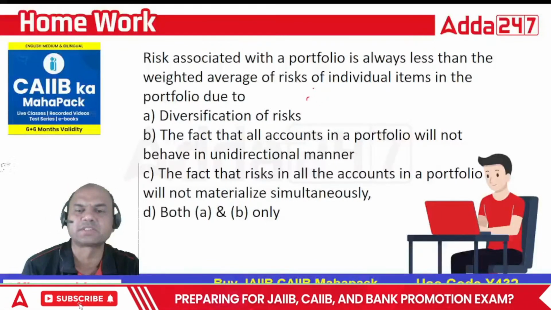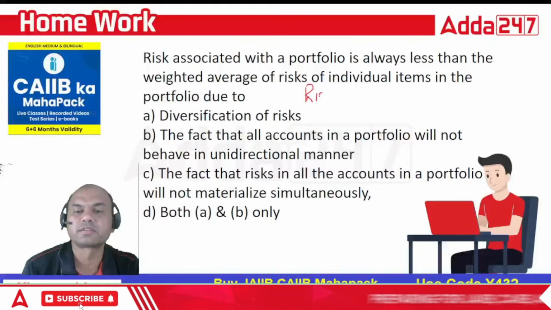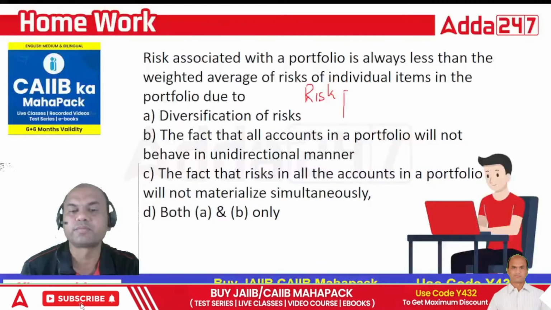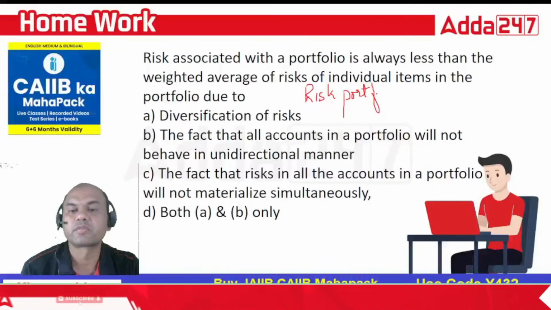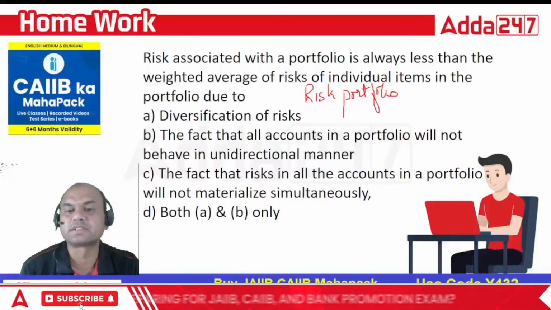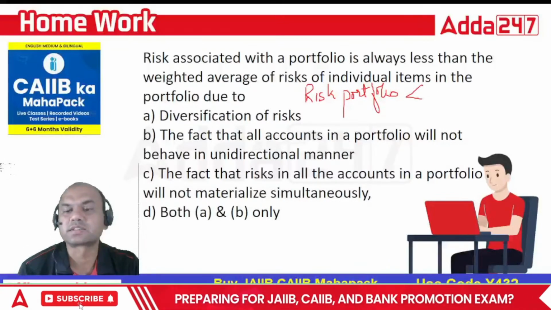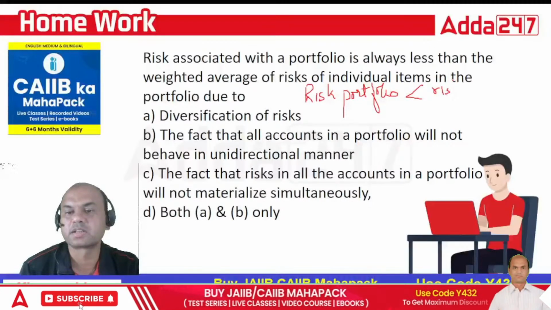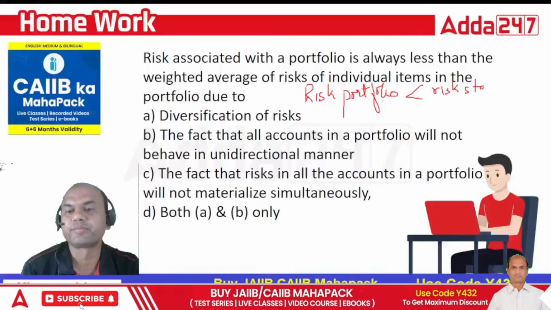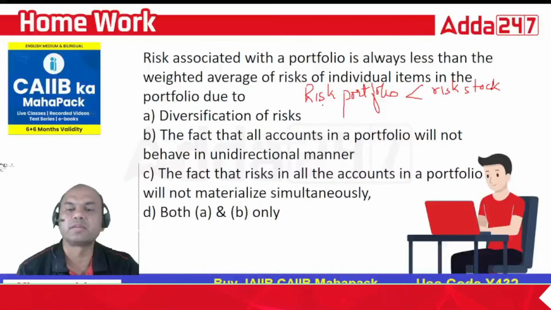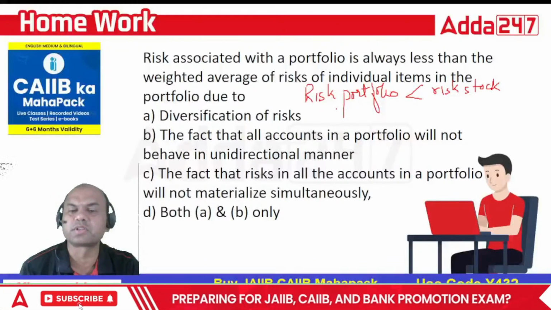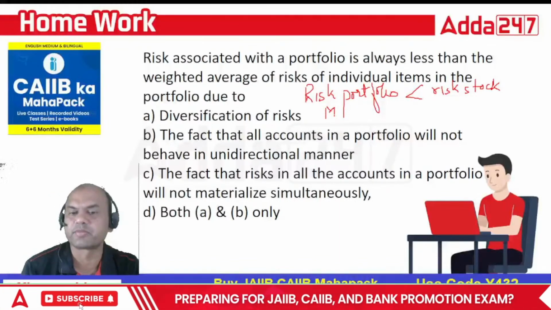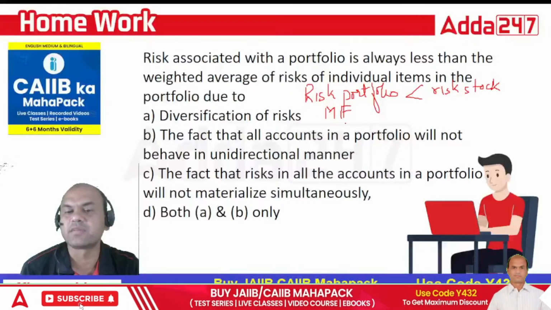Let's keep it simple: risk of a portfolio is less than risk of an individual stock. Suppose I am buying a mutual fund. What is a mutual fund? A mutual fund is a portfolio, right? Why is the risk lesser in a mutual fund than in an individual stock, let's say Reliance?